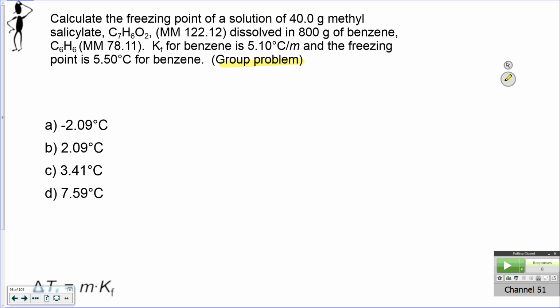I give you the freezing point constant for benzene, and the freezing point of pure benzene is 5.5, as it was in the previous problem. So basically, I want you to apply the change in freezing point to tell me what the new freezing point is. Okay, talk about it. Do it on your own. You got a couple minutes to work on it.